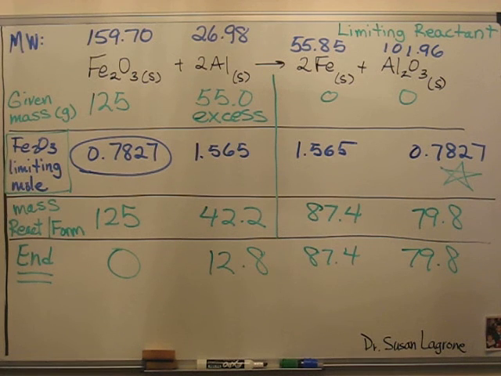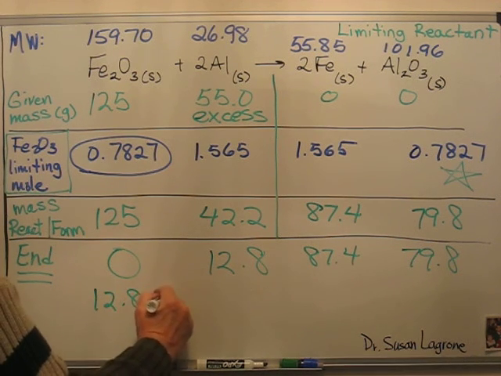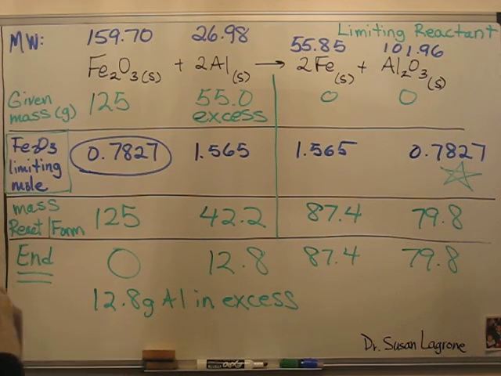So I can answer multiple questions at this point. All of my calculations are done. If they ask you for the mass of the excess reagent, I already have it. There's 12.8 grams of aluminum in excess. If they ask me for the amount of iron formed, I have it.